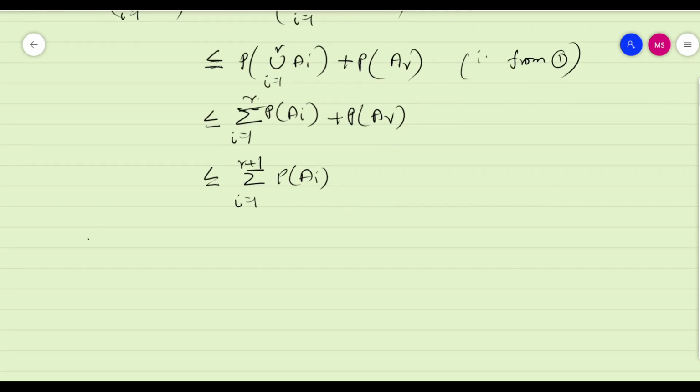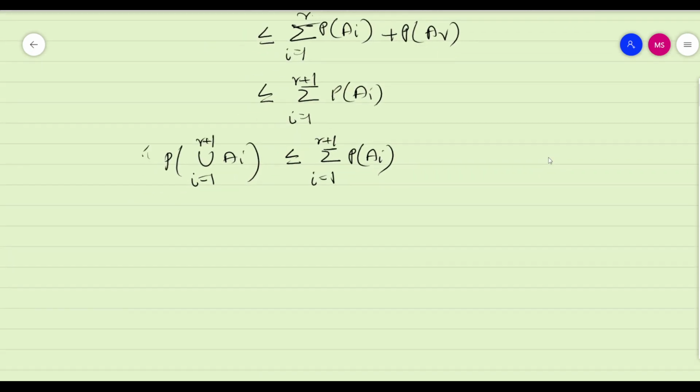So finally P of union i equal to 1 to r plus 1 Ai is less than or equal to summation i running from 1 to r plus 1 P of Ai. Therefore the result is true for n equal to r plus 1, and by the principle of mathematical induction, the theorem is true for all positive integral values of n.